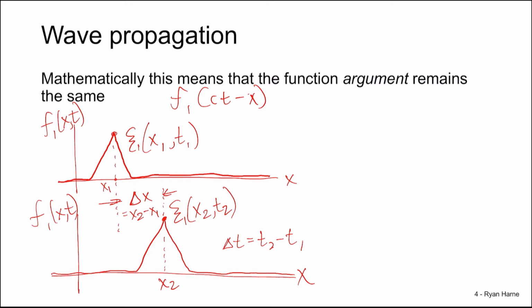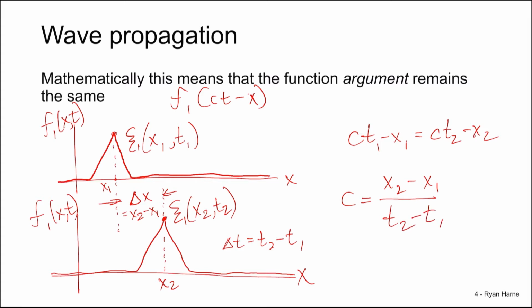So if this means that the function argument remains the same, that means we have that ct1 minus x1 is equal to ct2 minus x2. Well, the only thing we don't know here is c. So let's solve for c. In the process of doing so, we find that c is x2 minus x1 divided by t2 minus t1.